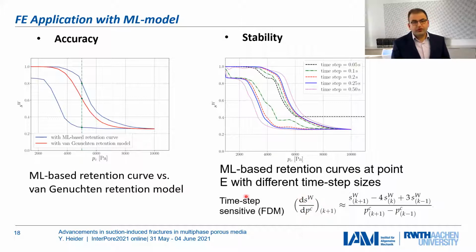We need to compute this from the machine learning prediction using methods like the finite difference method. That's why we would have some kind of explicit step, and this leads to some restriction on the stability. So we need to find a critical time step with which we have a stable solution. We would not have this stability problem with the Van Genuchten model, because it is a continuous function and we can apply the derivative much more easily.